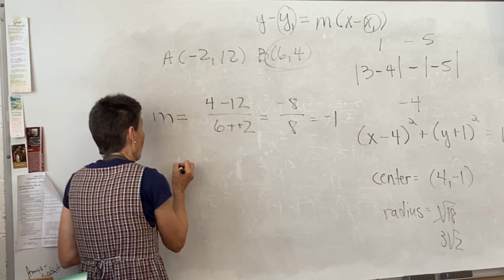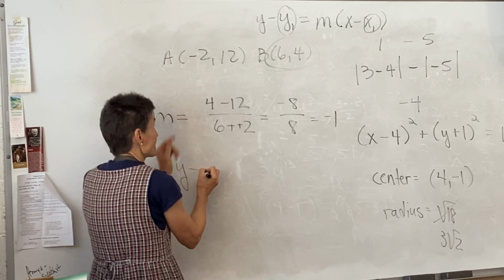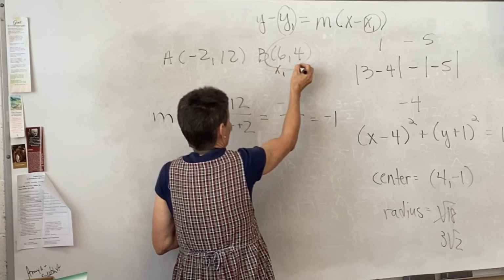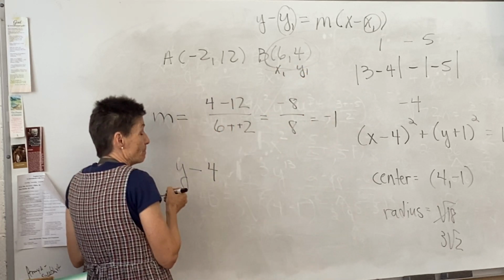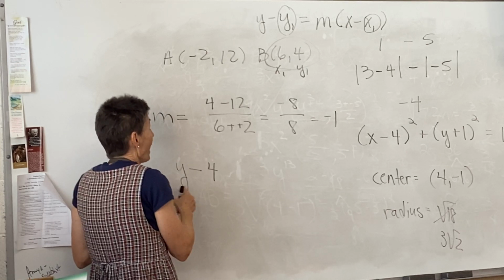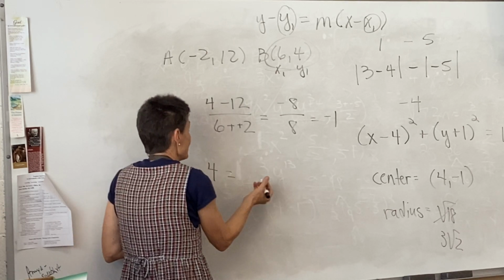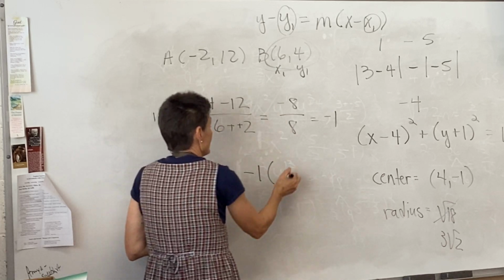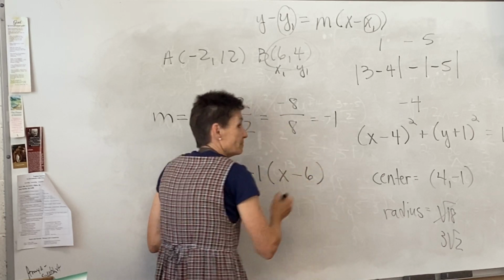So now, y minus the y coordinate. This is your x1, y1 right here. The point you pick is your x1, y1. So y minus 4 equals negative 1 times x minus 6.